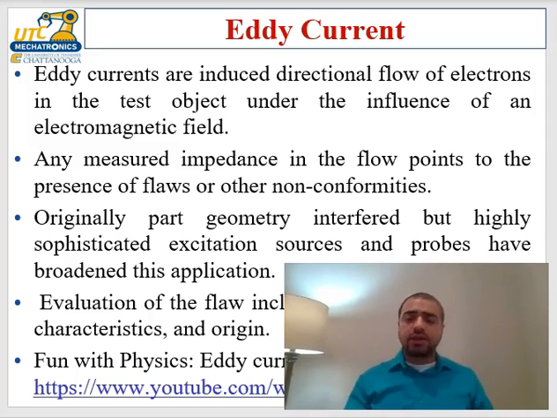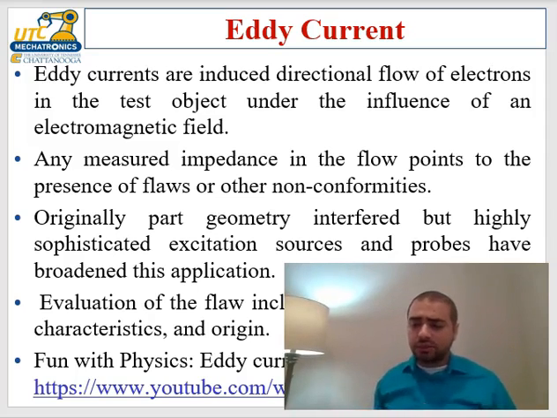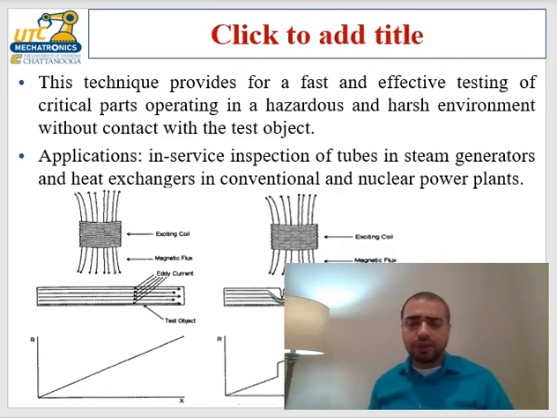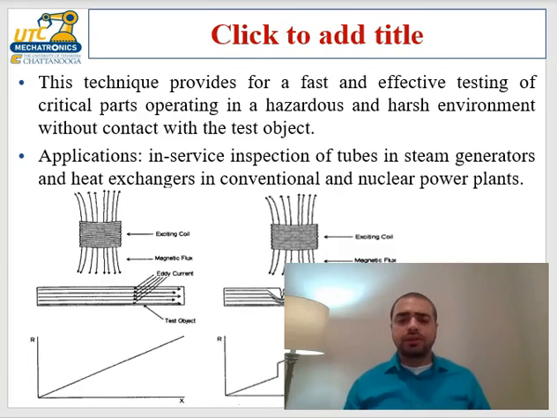It has a lot of applications, but in some applications it is actually not wanted and is avoided. This technique provides for a fast and effective testing of critical parts operating in a hazardous and harsh environment without contact with a test object.